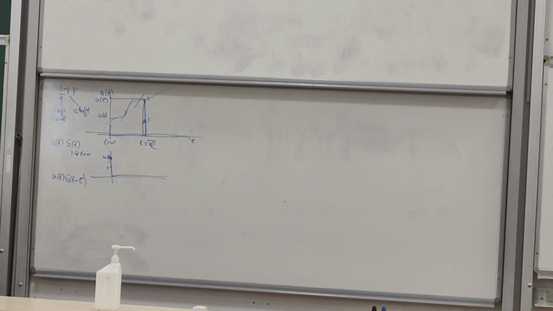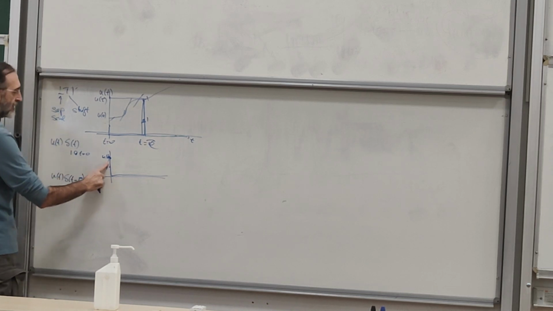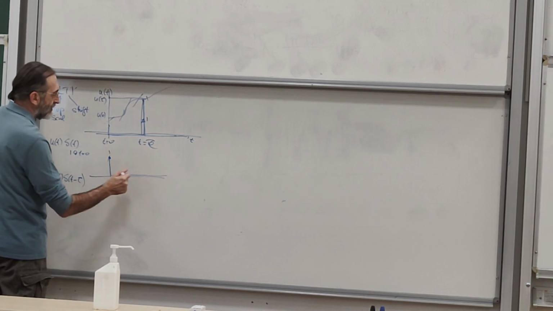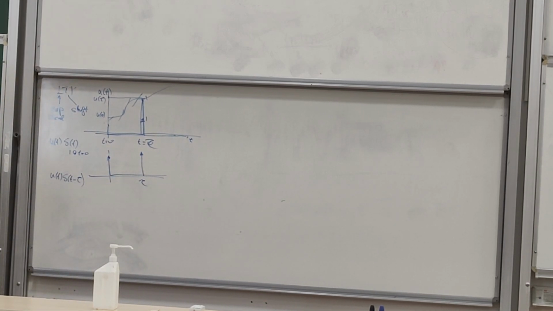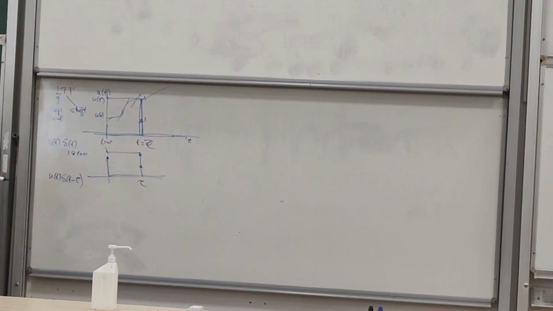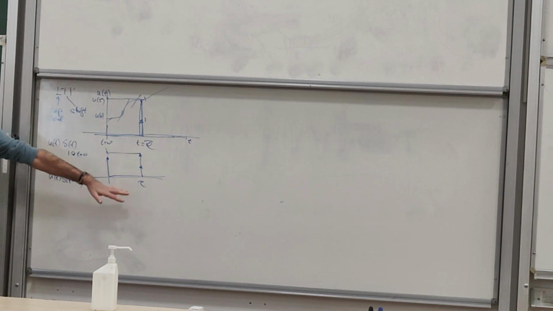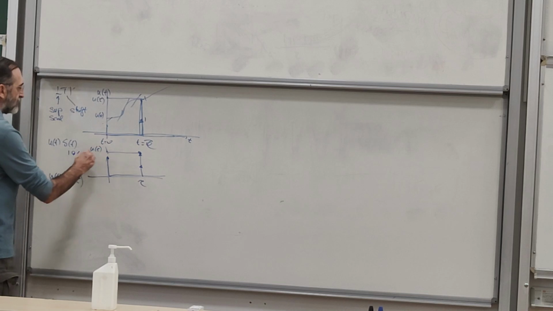Whatever I do with this, it's going to give me the value of the function at that point, multiplied by 1. So what the delta does is collapse the input anywhere where it fires. And that point, ladies and gentlemen, is not a function anymore. It is a constant, u of tau.